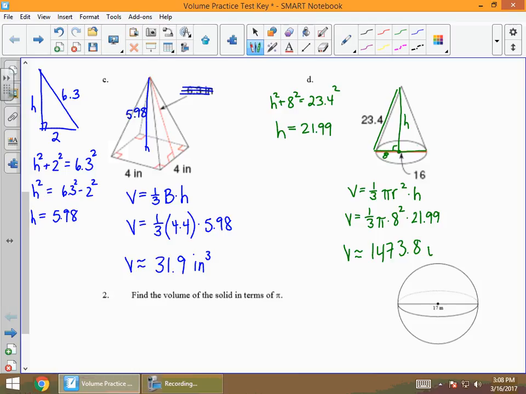And I don't know what the units are, so I'll just put units cubed. So make sure that you know the formulas for the pyramids or cones being 1/3 and prisms or cylinders just being area of the base times height.